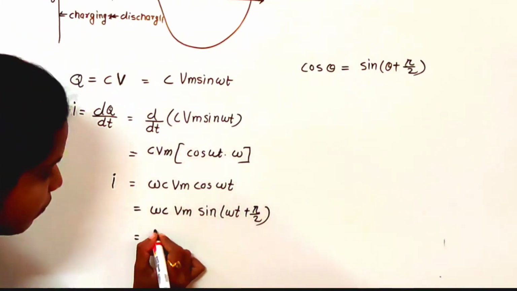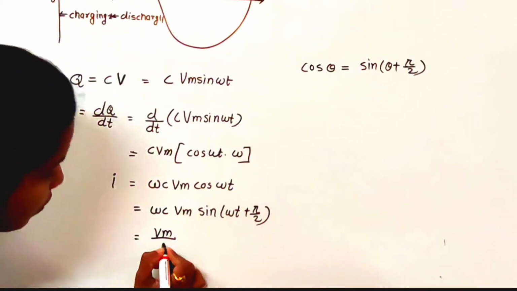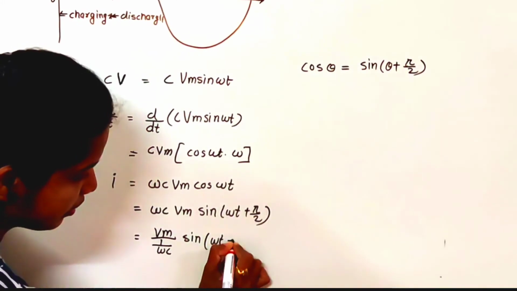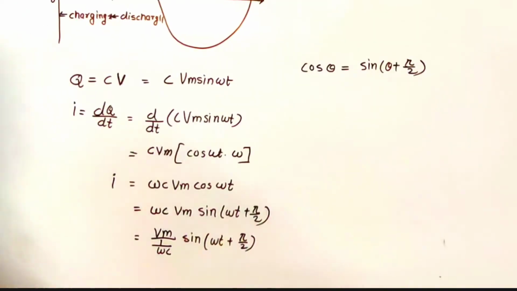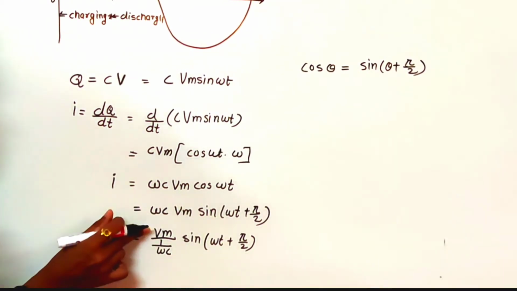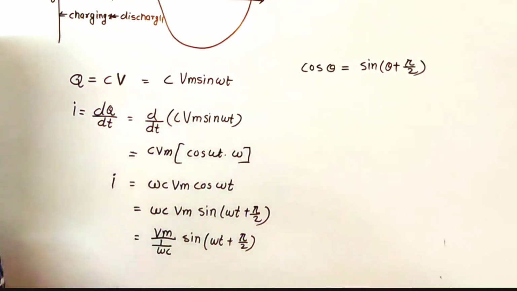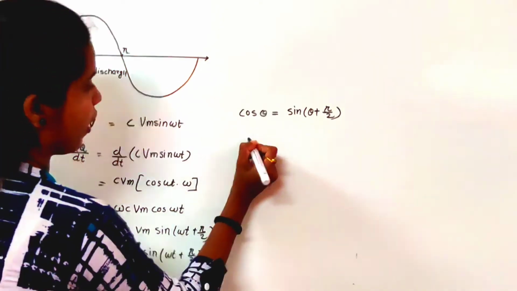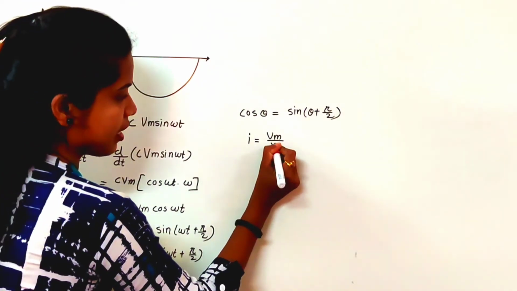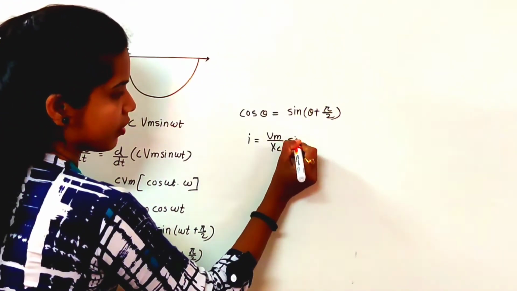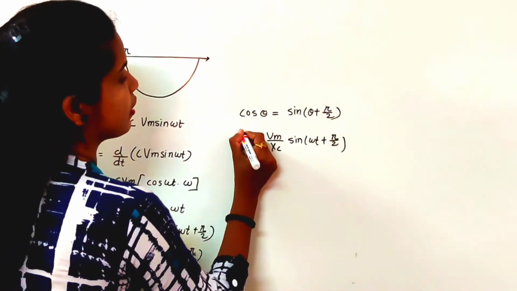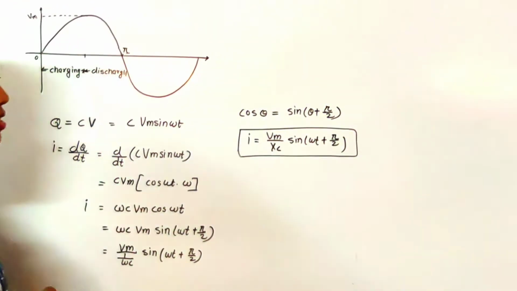We can write it as Vm upon 1 upon omega C, sin of omega t plus pi by 2. This is similar, because 1 upon omega C is multiplied with Vm. So finally, i is equal to Vm upon 1 upon omega C, that is Xc, sin of omega t plus pi by 2. This is the current equation in a purely capacitive circuit.